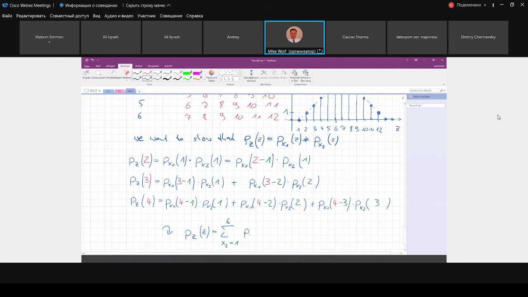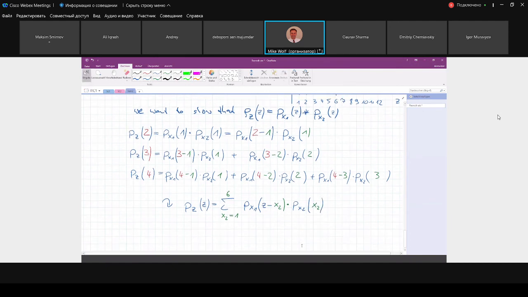Then I need to take a look at x1. This is the value of x2. And then I insert here p x1 of set minus this x2 value, times p x2 of x2. This is exactly the convolution.